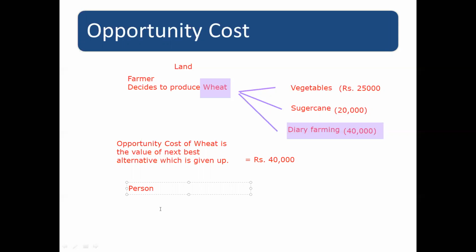A person decides to work as a supervisor in X factory, and he decides to get a particular salary. How much he's getting? Irrelevant. He decides to work in X factory. That is his choice.